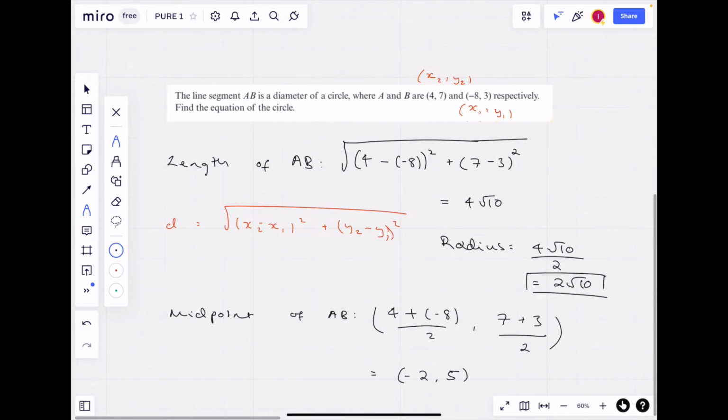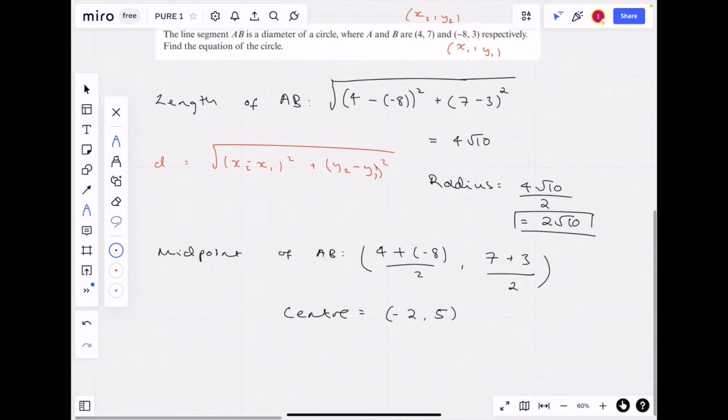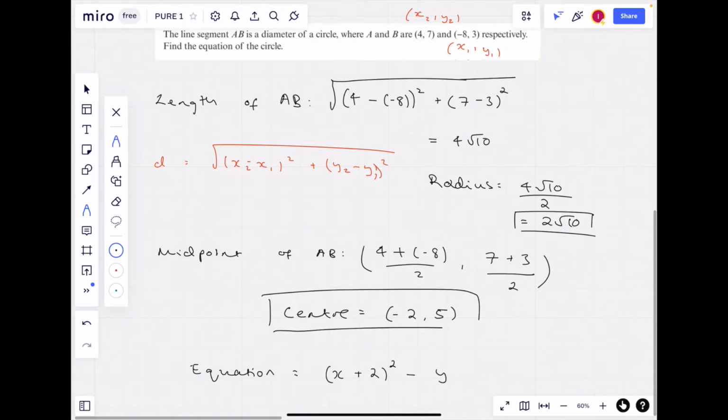That is the first piece of information that you need. The other one was the center of the circle, which you just worked out by working out the midpoint. So putting those two pieces of information together, the equation is (x plus 2) all squared plus (y minus 5) all squared equals (2 root 10) all squared.